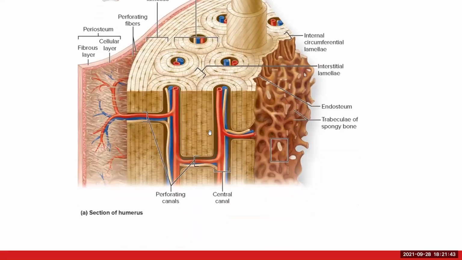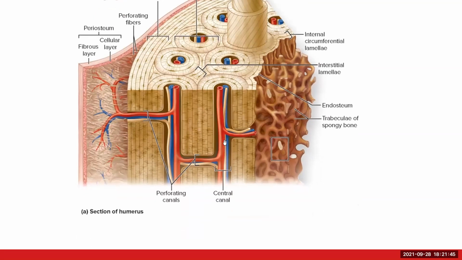You can see here the central canal, and then we have our perforating or Volkmann canals that can connect different central canals. This allows for a lot of blood vessels and nerves to travel all throughout. Here's our nutrient foramen where everything enters into the bone.